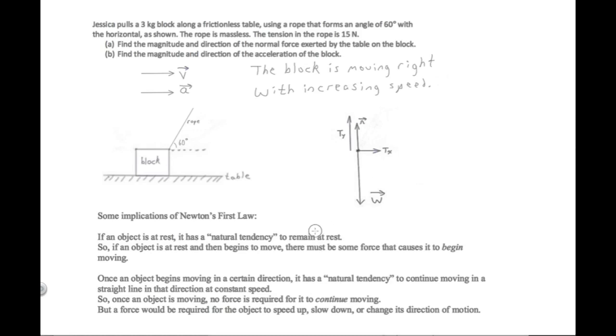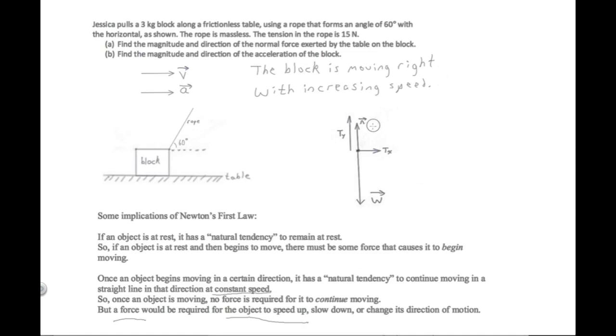However, remember that the natural tendency of the block would be to move at constant speed. So we do need to explain why the block is speeding up. There must be some force that explains why the block is speeding up. What is that force? Do you know what force is speeding the object up?